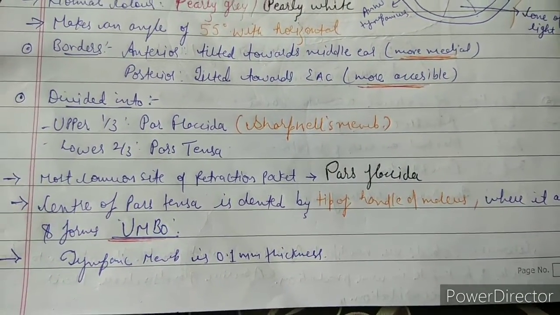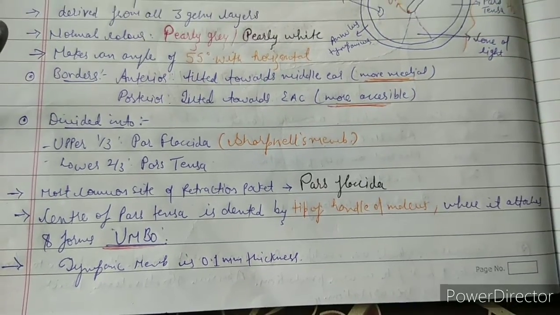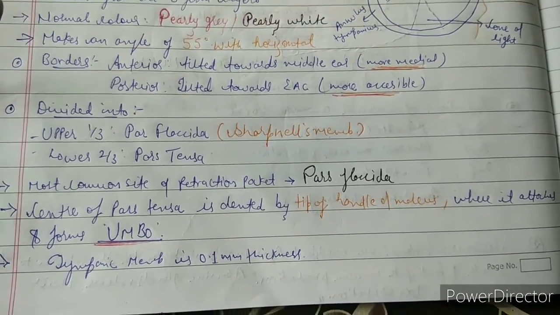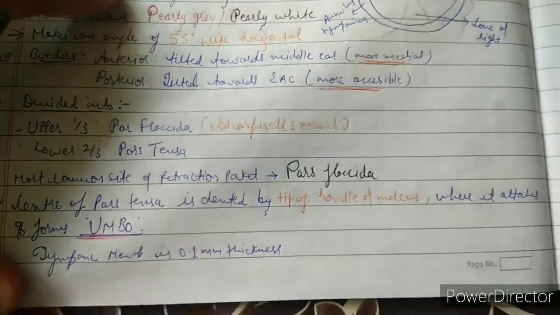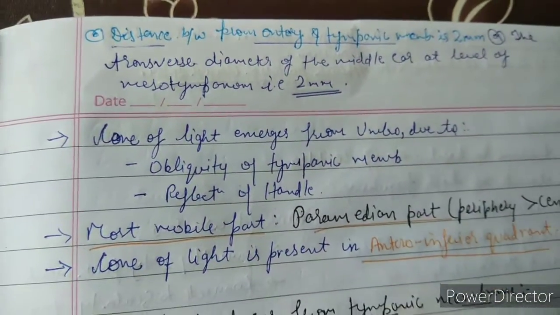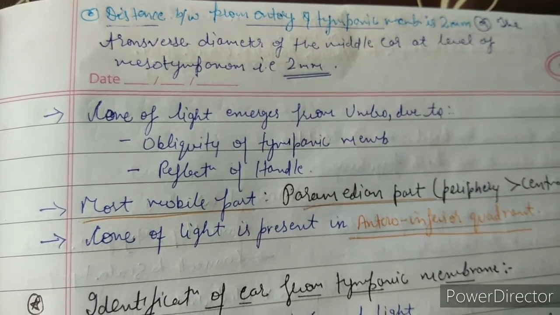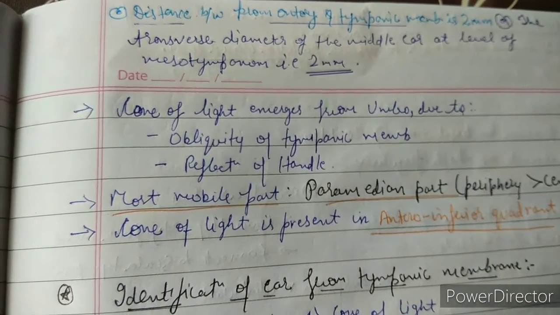The center of pars tensa is tented by the tip of the handle of malleus where it attaches and forms the umbo. The tympanic membrane is 0.1 mm in thickness. Now the distance between the promontory and the tympanic membrane is 2 mm, or the transverse diameter of the middle ear at the level of mesotympanum is 2 mm.